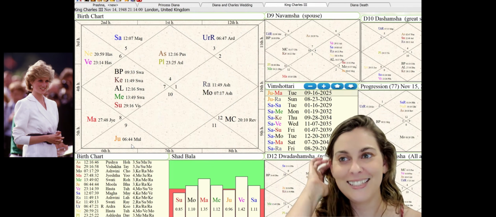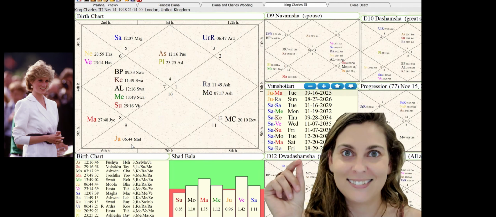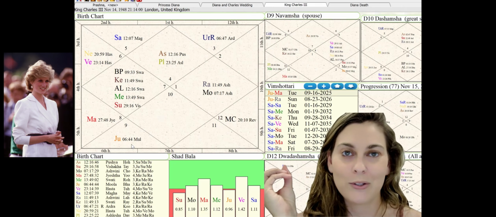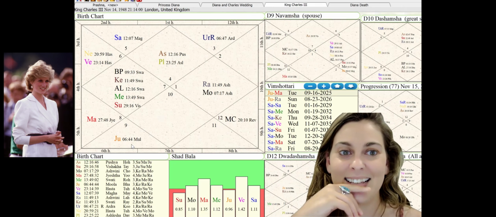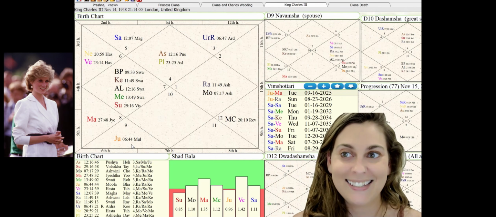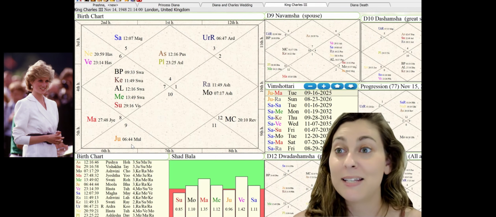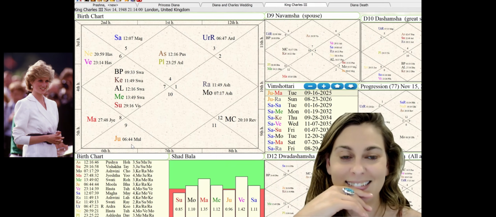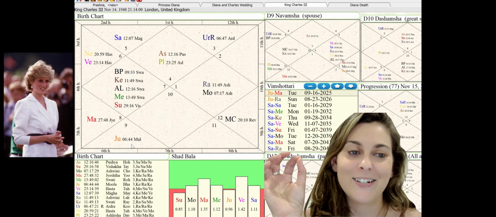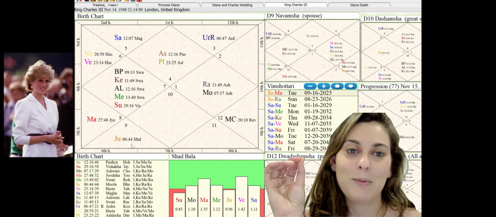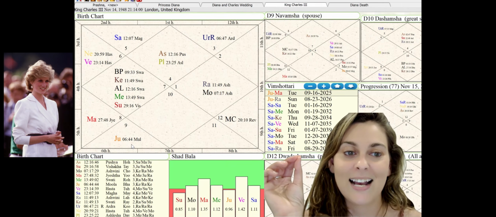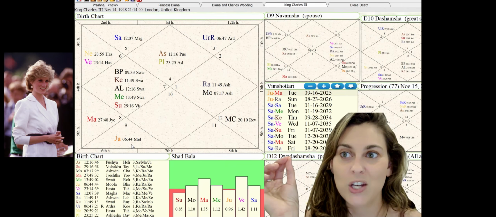Mula is all about uprooting anything rotten to get to the truth. So he was looking for a Jupiterian person, optimistic, wise, expansive. But Mula being there shows that it's not going to be happy-dappy. It's going to be uprooting. And it's in his house of obstacles and challenges.